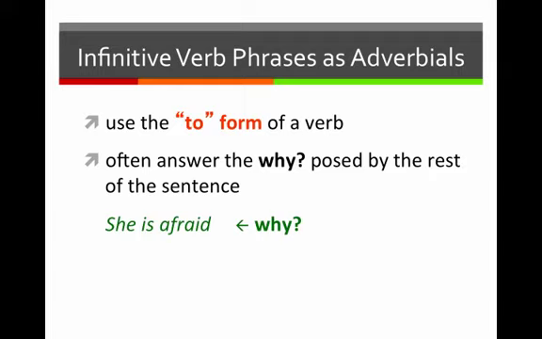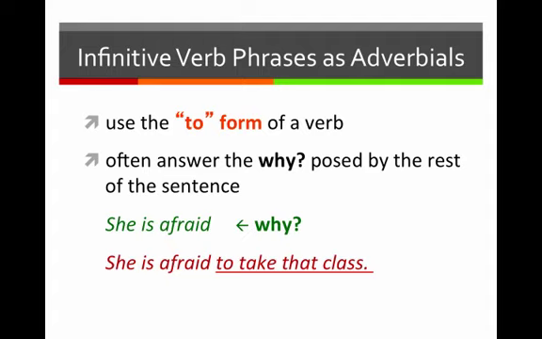Here's an example. She is afraid. Why? There are a lot of ways I could answer this question, aren't there? I could answer with a dependent clause. I could say because. But I can also use an infinitive verb phrase. She is afraid to take that class.